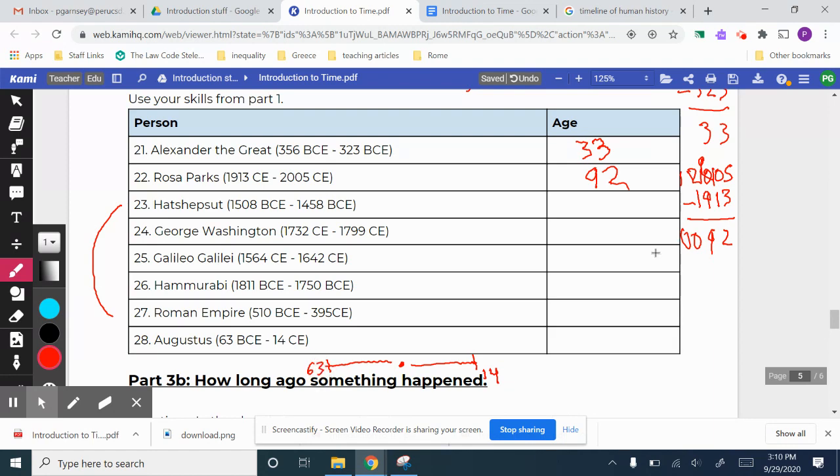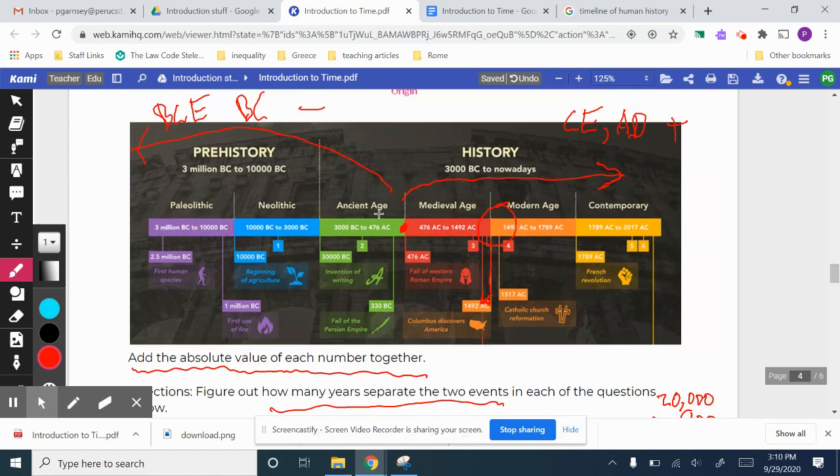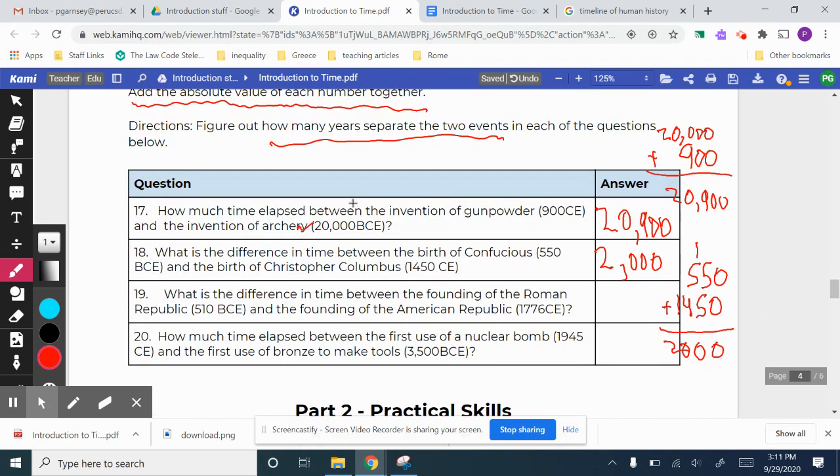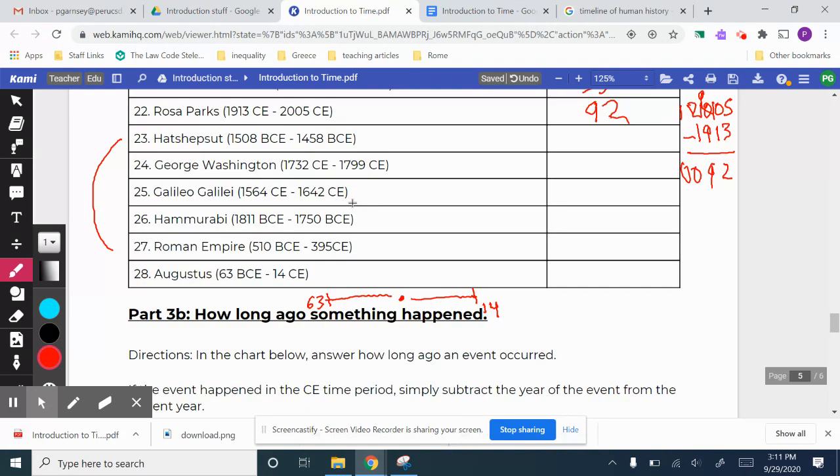So just like we did in part 1D, where we took the absolute value, we will be doing the same thing. So we take 63, instead of it being negative, the absolute value, and then we're going to add 14 to it. Augustus was 77 years old when he died.